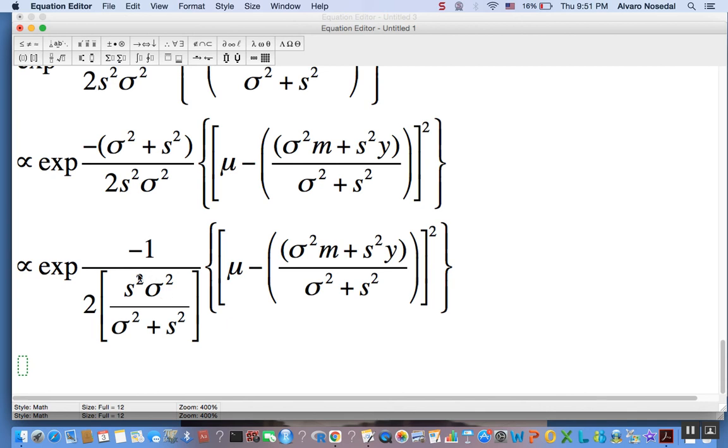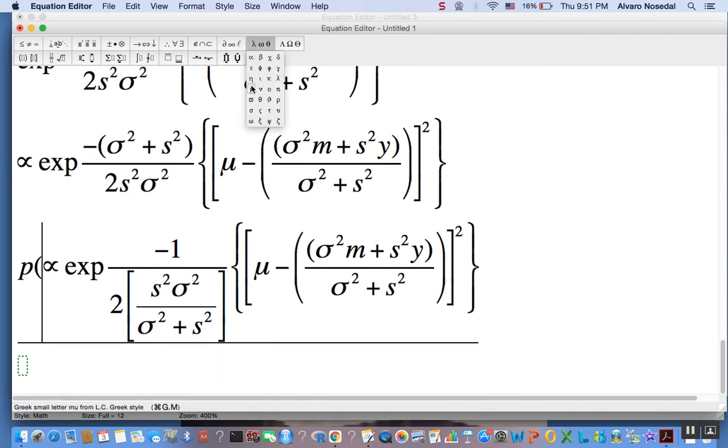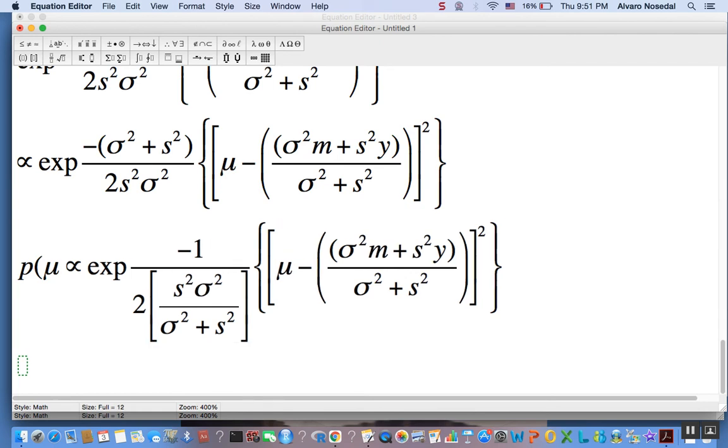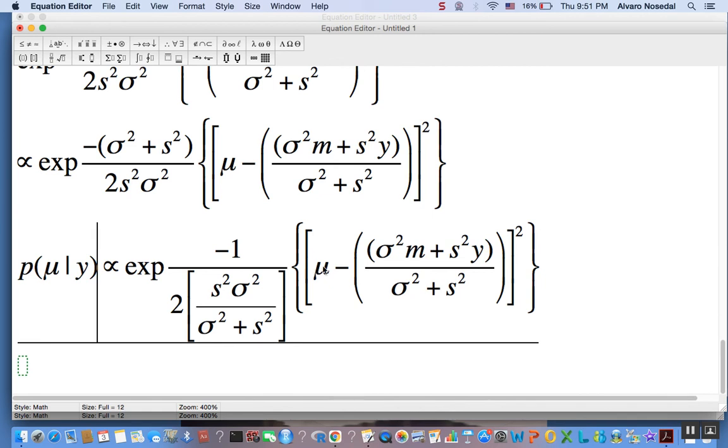This term is our something squared. And then we have mu, and note that this term is our posterior mean, so it's a function of mu given y. So this is our new mean, and this is our new variance.